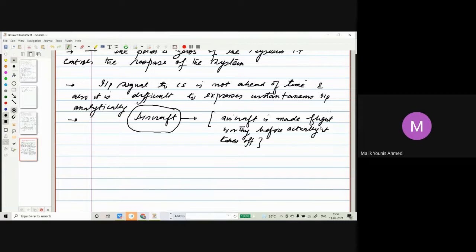We don't know what is coming up while we are flying in the air. So the types of disturbances are not known ahead of time.